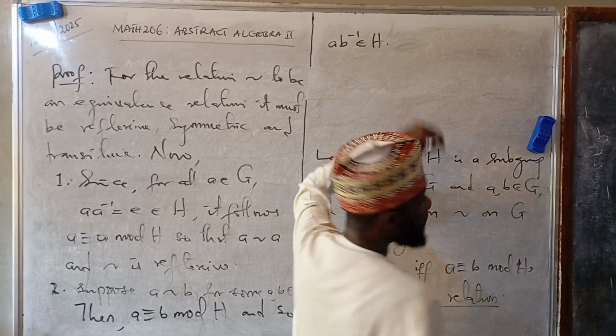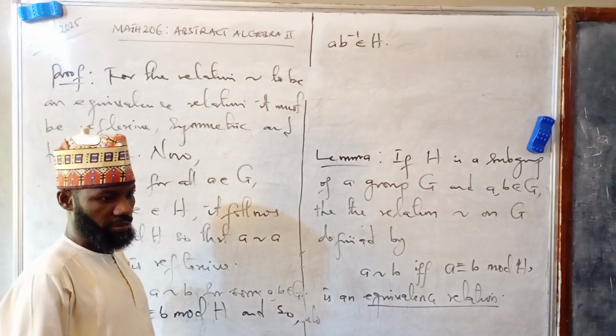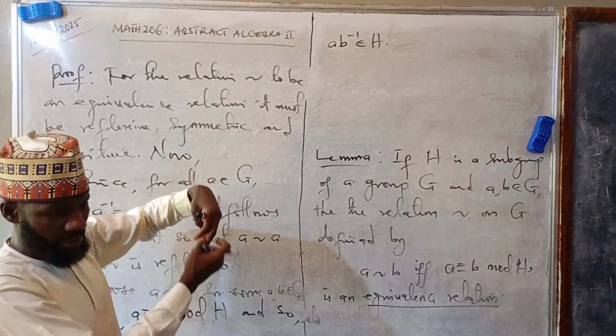But you remember H is a subgroup. The subgroup is also closed under taking inverses.